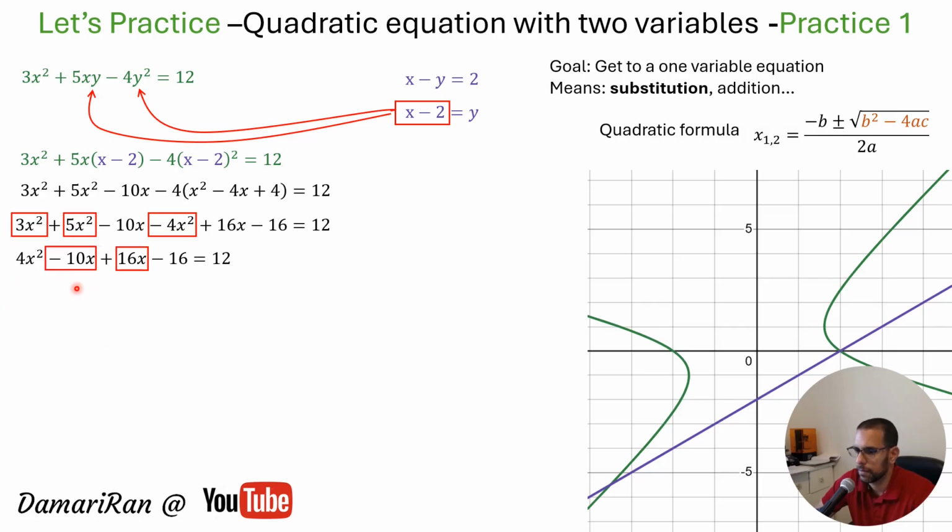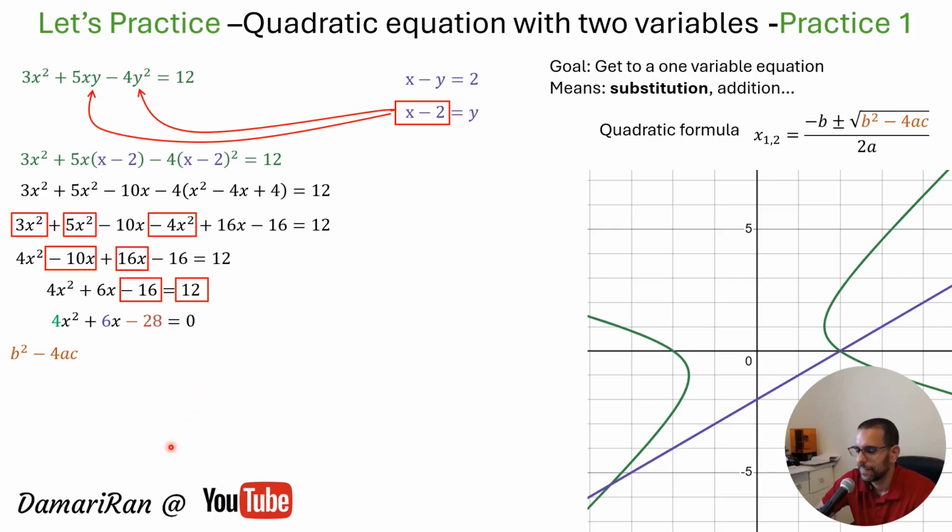Now minus 10x and 16x is going to give us 6x. Great. And we're going to take the 12, move it to the other side, and we get minus 28. So that's what you got. I hope so. If not, do it again. You're going to do it. Don't worry.